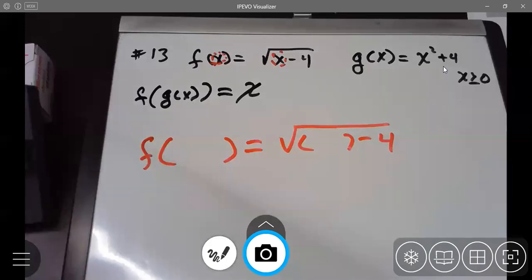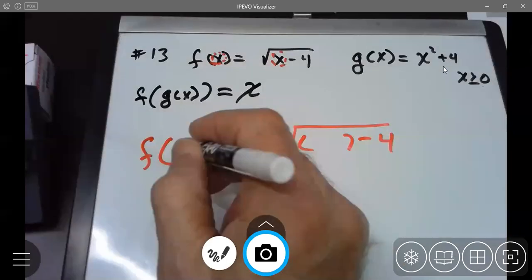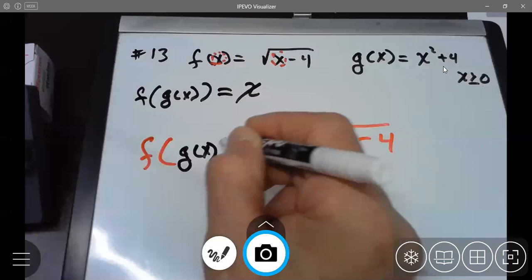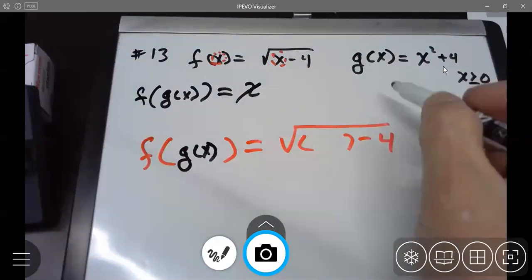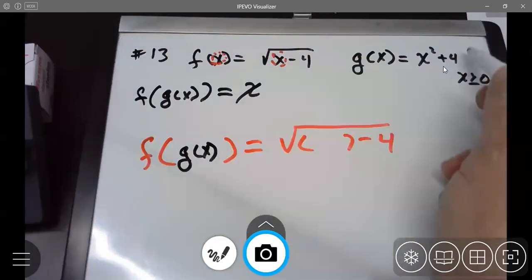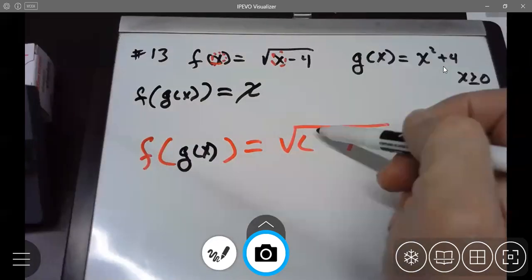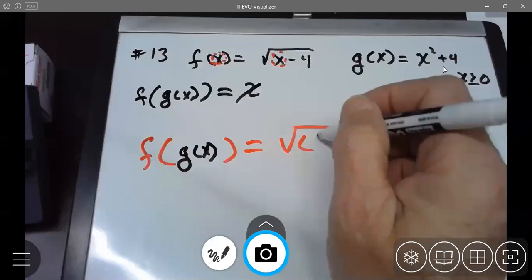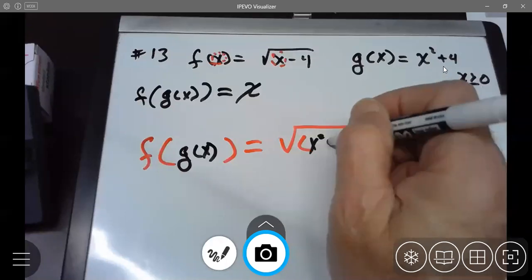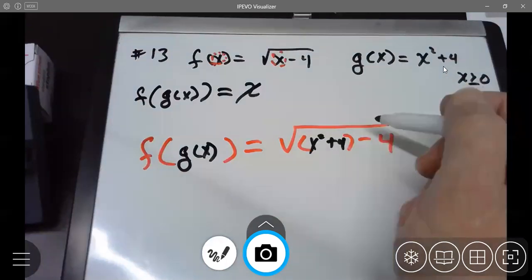Okay, and then we're going to put g of x in there. So that's f composed with g. And this x squared plus 4 is going to go where the old x was for f. So this will be x squared plus 4.